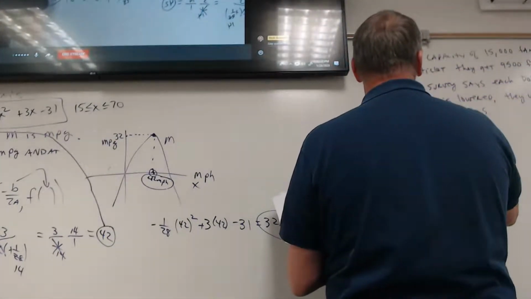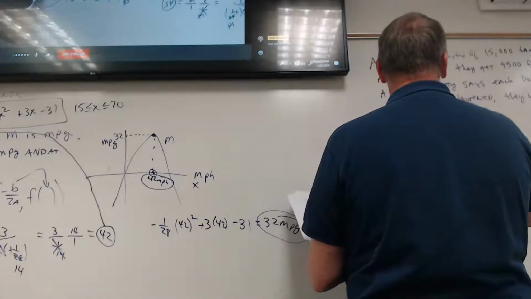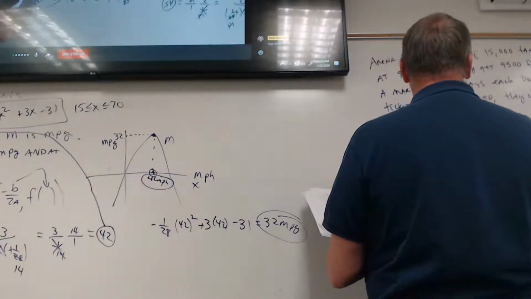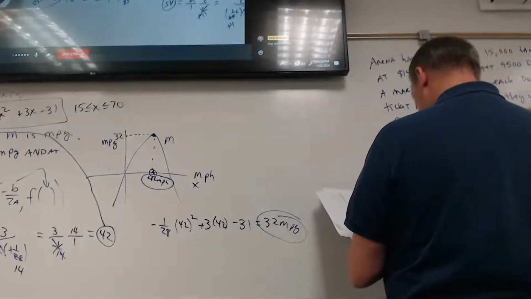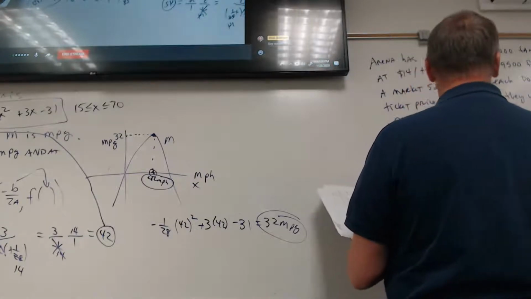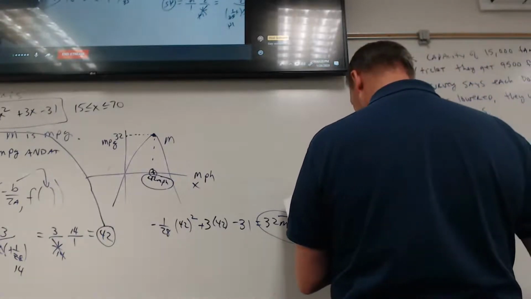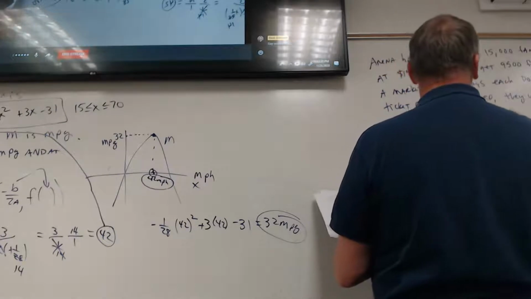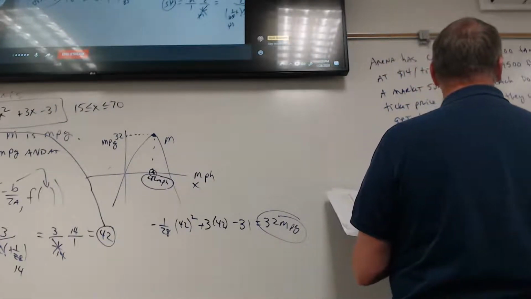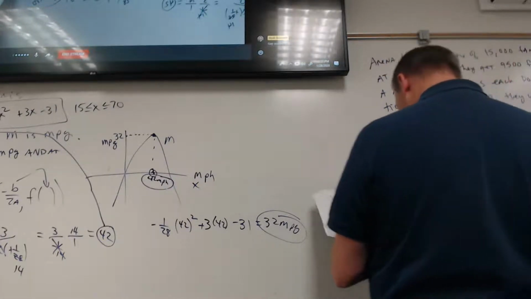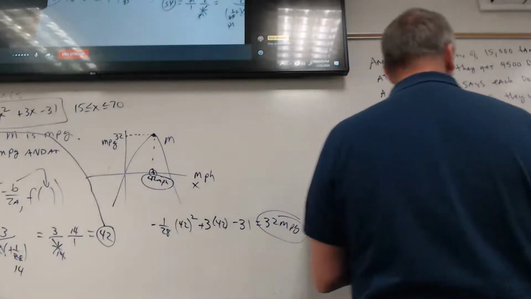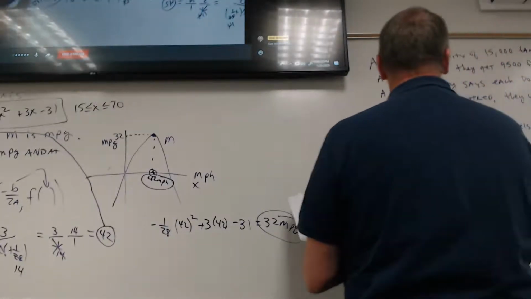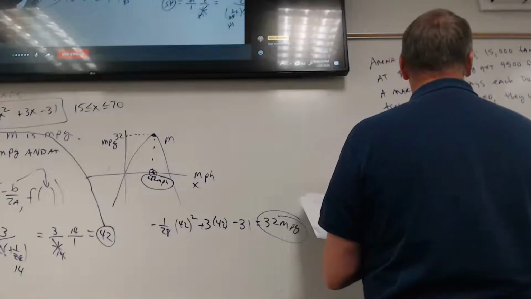So A, find a function that models the revenue in terms of the ticket price.